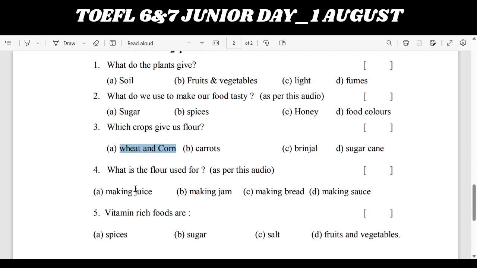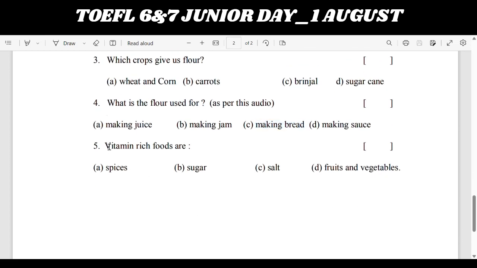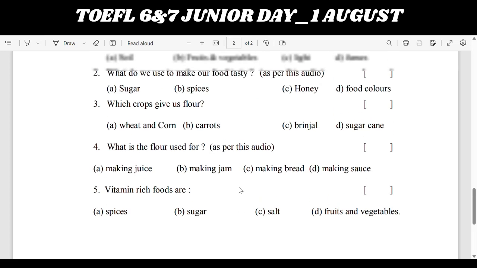The answer is wheat and corn. The fourth one is, what is the flour used for as per this audio? Making bread, right? Vitamin rich foods, the answer is fruits and vegetables.